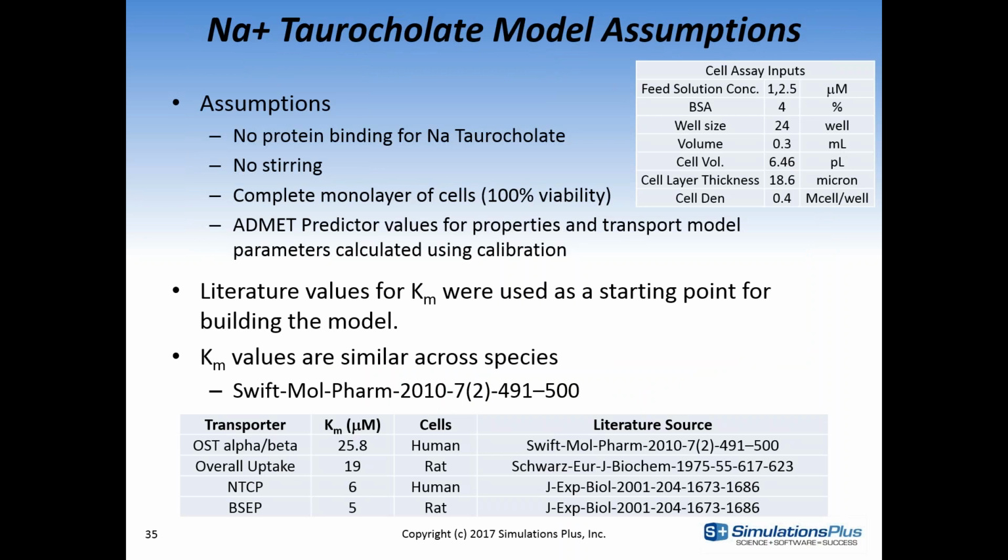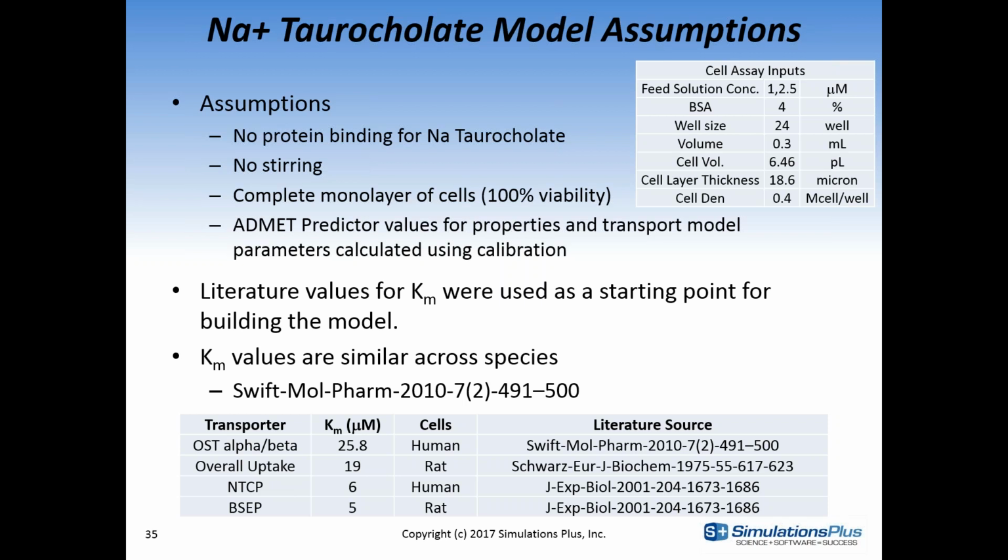So we set up our model with all three of those transporters. We assume that there's no stirring in the assay and a complete monolayer of cells. We used, again, ADMET Predictor values. We added the cell assay input parameters in the table on the right. We used literature KM values shown in the table below.